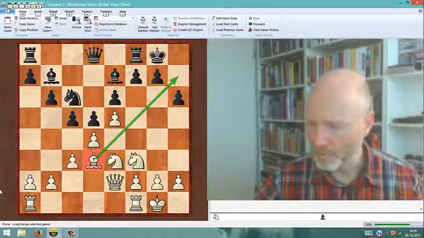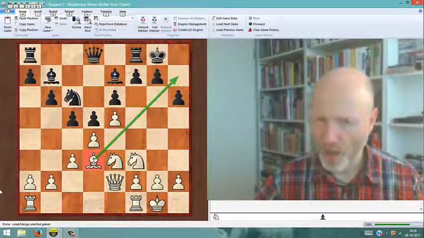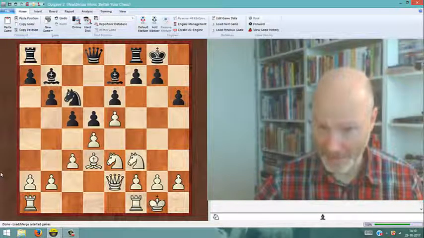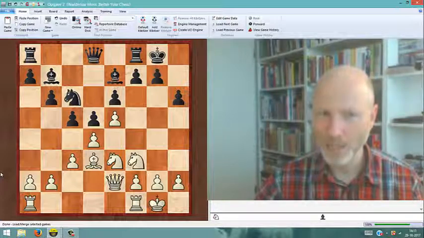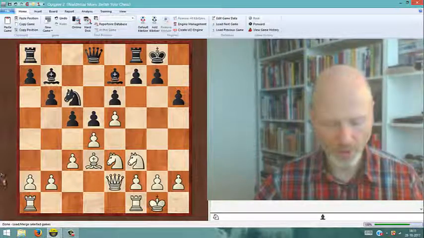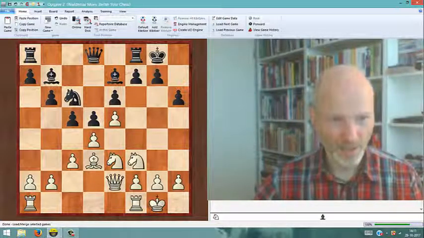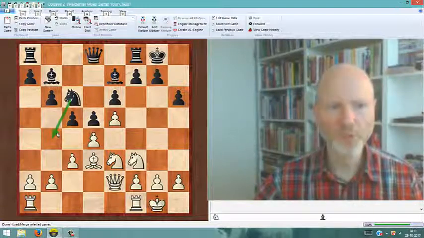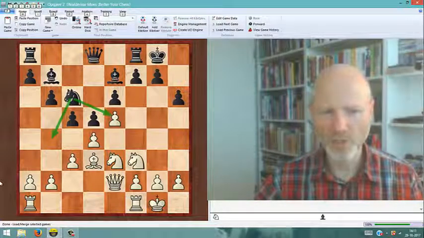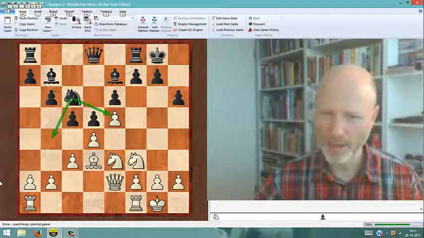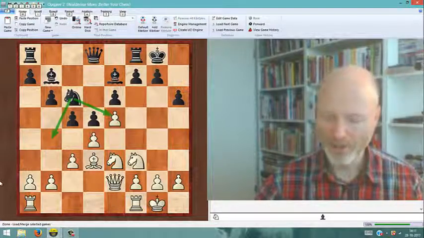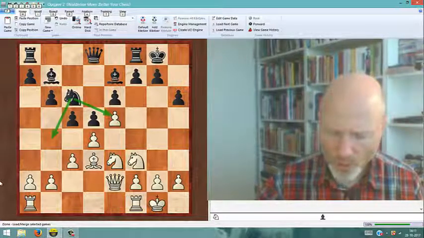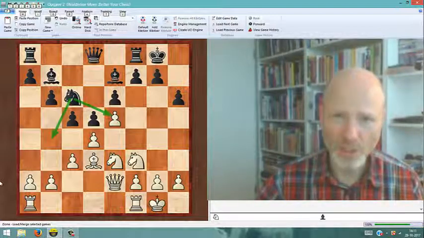So whenever, in one move, a bishop can be attacked by a knight, that bishop can be considered a target. And in this case, it looks like science fiction, but the bishop can be attacked in one move by the black knight. Okay, at the moment that would not be a very wise thing to do for black, because he would lose his knight, right?